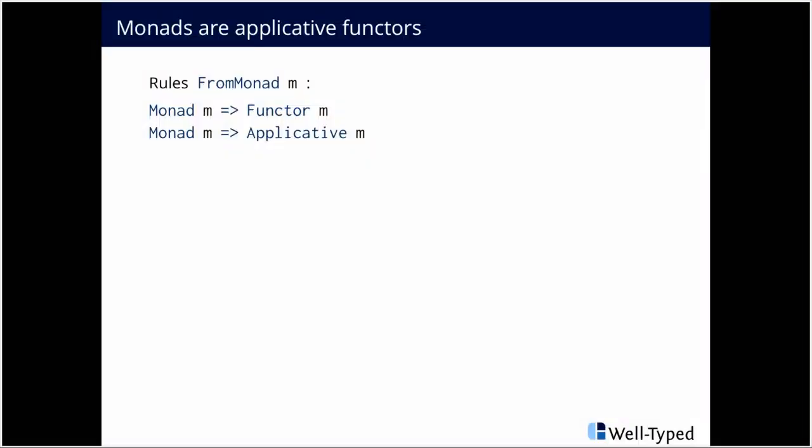Okay, so another interesting case that is covered here is that we all know that monads are always applicative functors. These days, applicative functors are a superclass of monads, and functors are a superclass of applicative functors. And that means that if you want to define a monad instance, you first have to define a functor instance, and then an applicative instance, and then a monad instance.